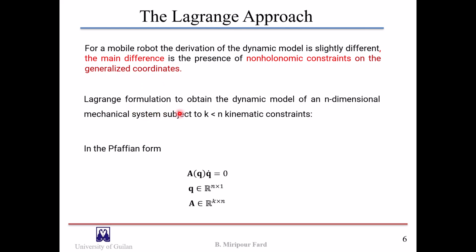Next, we will talk about the Lagrange formulation to obtain the dynamic model of an n-dimensional mechanical system subject to k kinematic constraints. In the Pfaffian form, we write the constraints as A of q times q dot equals 0, in which q is the vector of generalized coordinates, and the dimension of generalized coordinates is n.